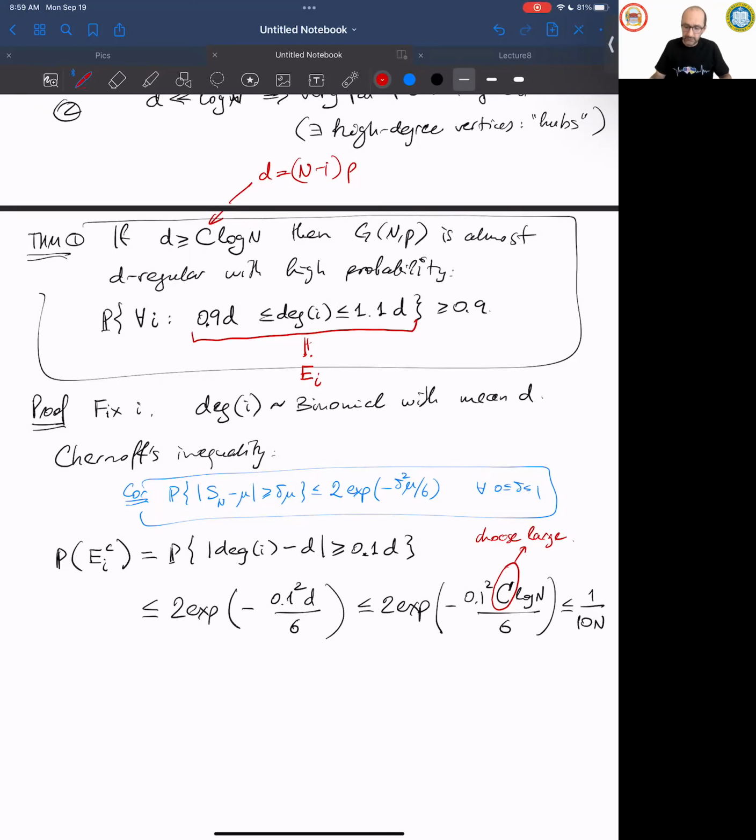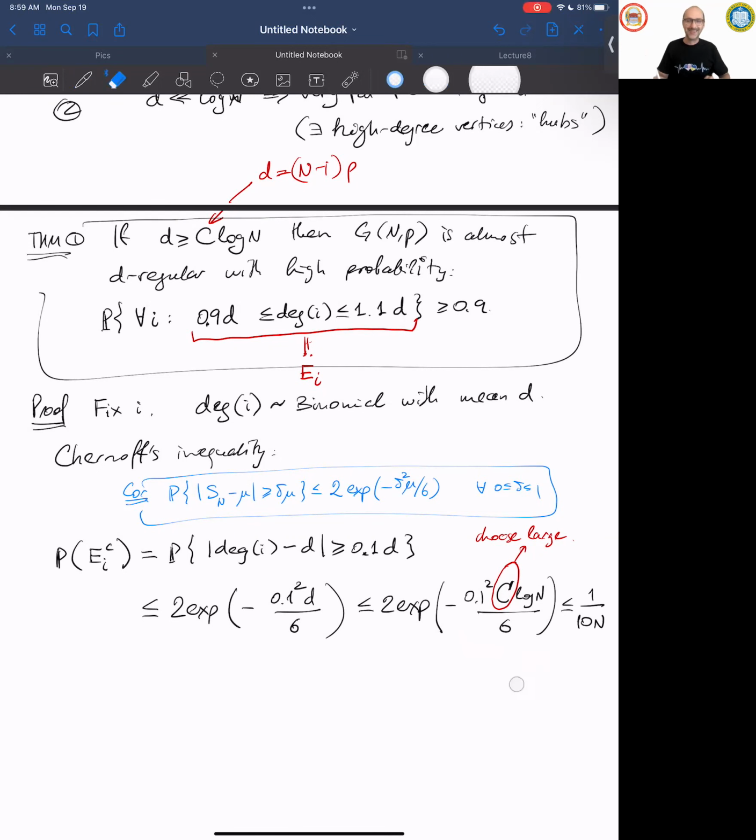So I'm sure if you put C to be maybe 1,000, it will work, because that will become less than log n. Anyway, it will work. You agreed? E to the minus log n is 1 over n. And then if you drive C larger, then it should be okay.